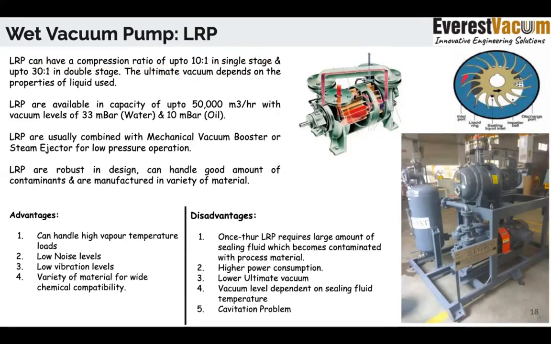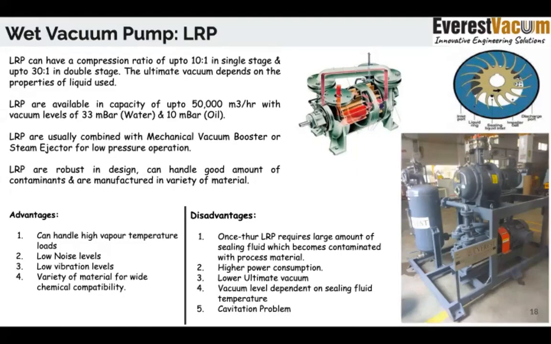This is the sealing fluid. This blue material that you see, the blue ring, is actually the sealing fluid. This sealing fluid can have multiple options. The only requirement is that it has to be a high boiler. You cannot use low boilers.